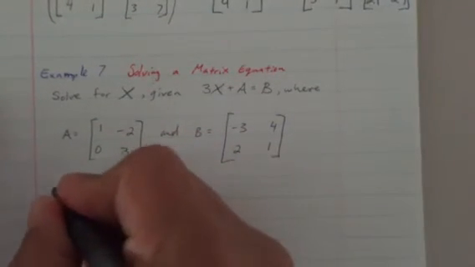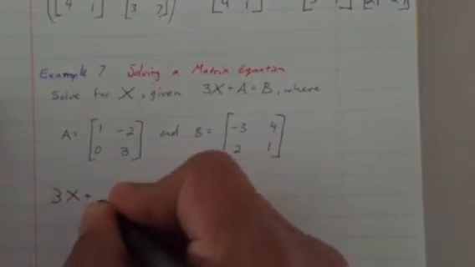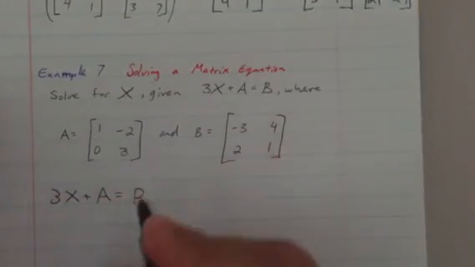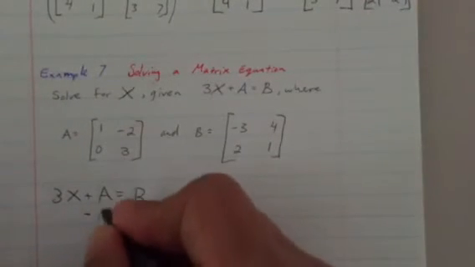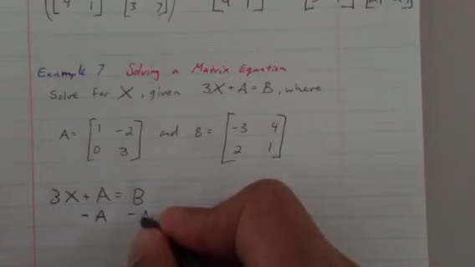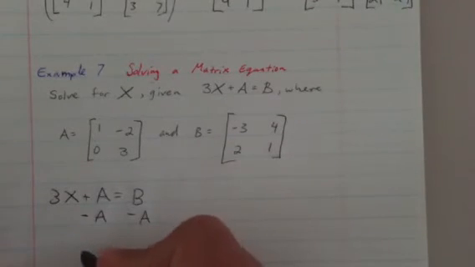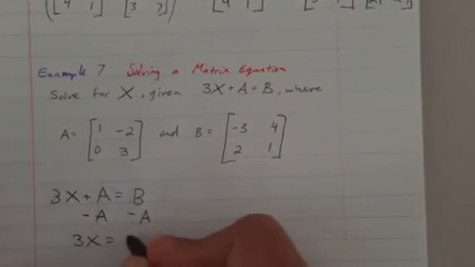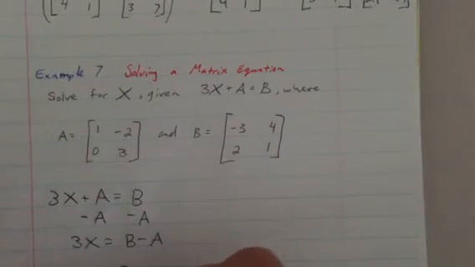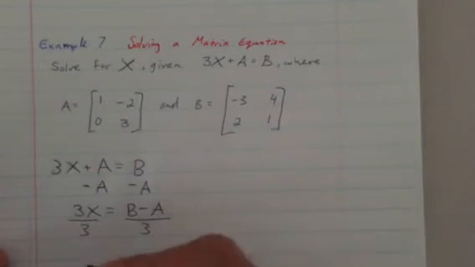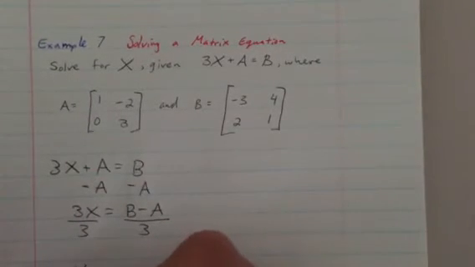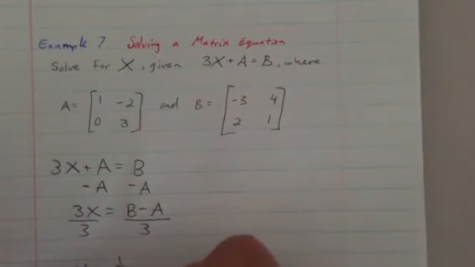So in algebra, we would have 3x plus A equals B. Since we want to solve for x, we'll go ahead and subtract A. Then we'll get 3x equals B minus A. And then here we'll divide by 3. So we're going to get x equals 1/3 times B minus 1/3 times A.